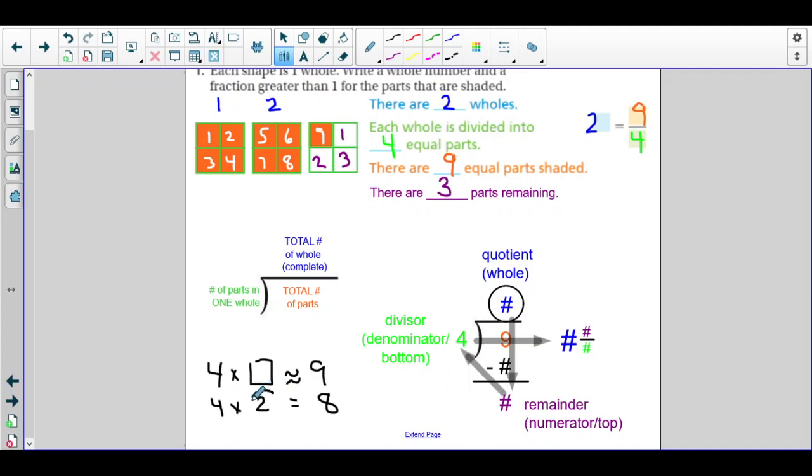So this is the number I need to look at right here. That gives me 2. Now, 2 times 4 gives me 8. 9 minus 8 gives me 1.